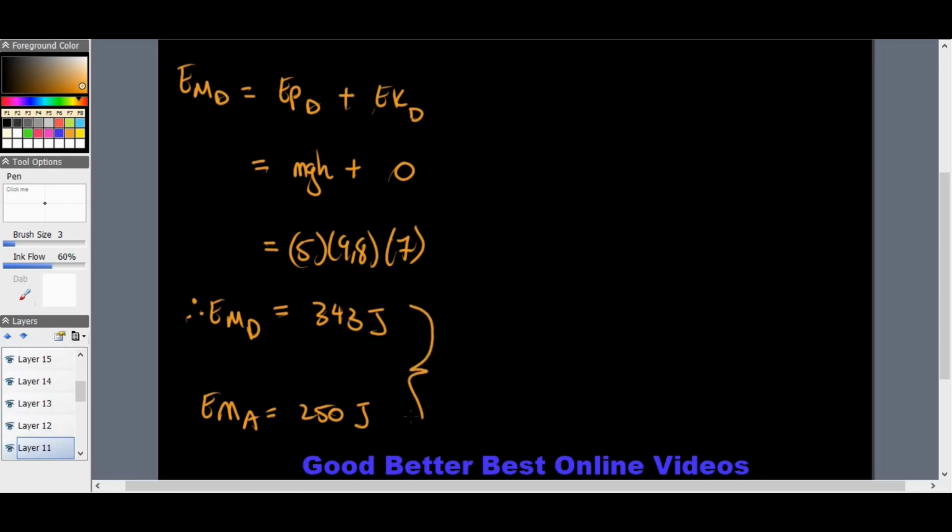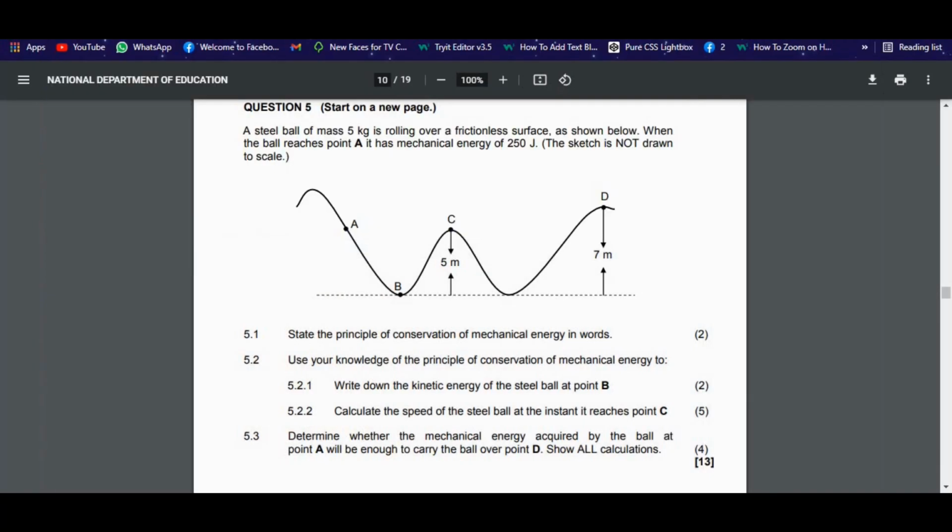So, based on this information, the question is to determine whether the mechanical energy acquired by the ball at point A will be enough to carry the ball over to point D. Basically, for 4 marks, we are going to state that the minimum energy needed for the ball to reach point D is 343 joules.